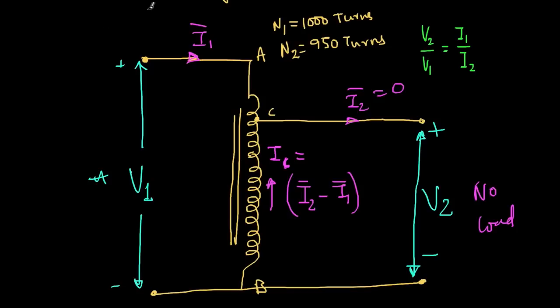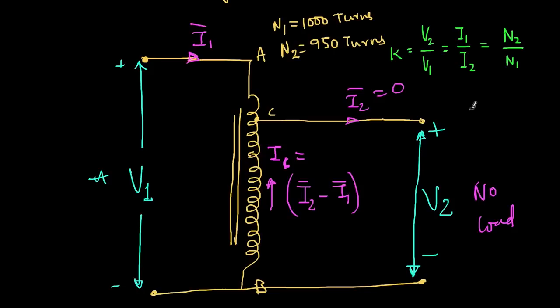So this is N2 by N1, and this quantity we are defining as K. This is the same as the theory that you have seen for the two winding transformer. Transformer ratio K is considered as V2 by V1 or N2 by N1 and then I1 by I2.